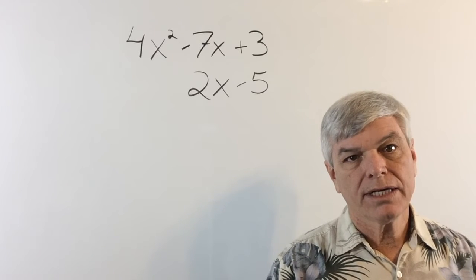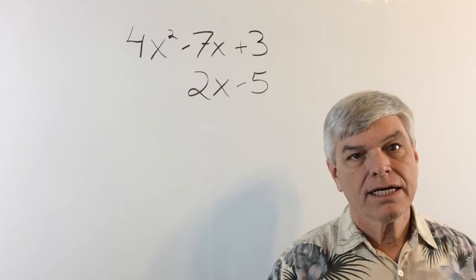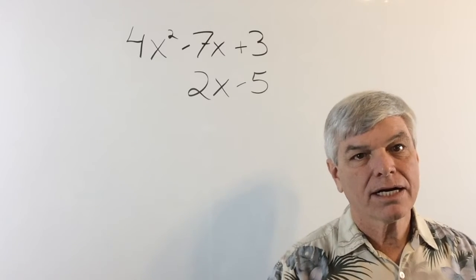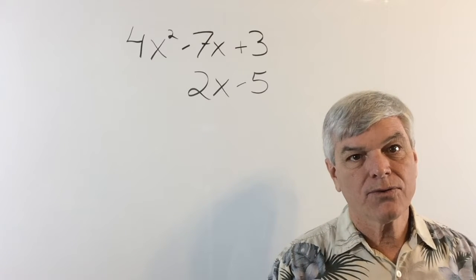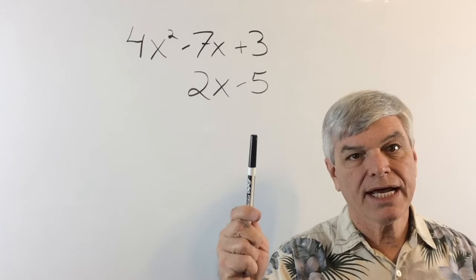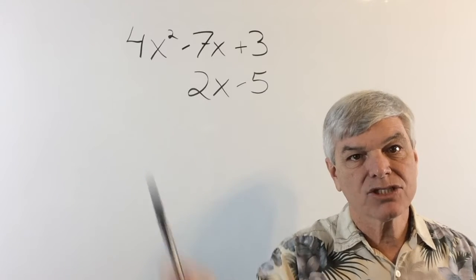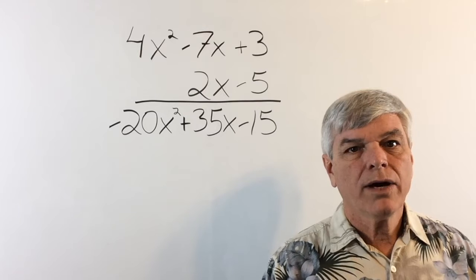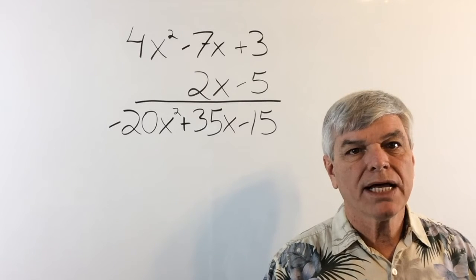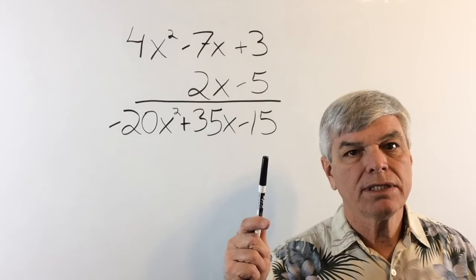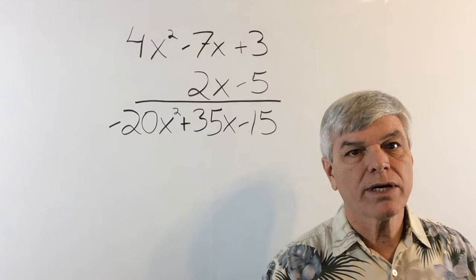What are we going to do? Negative 5 times everything up here. And let's just, instead of going through that one by one, let's multiply that negative 5 by everything in the trinomial. Okay, and you can see that the way that multiplied out, everything's in the proper column. Units, x's, x squares.